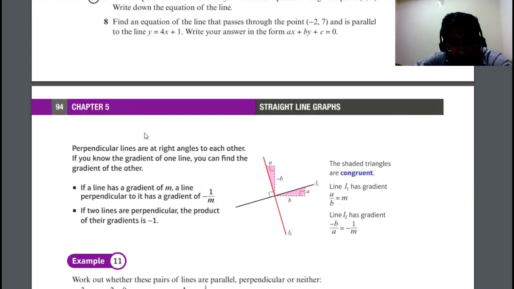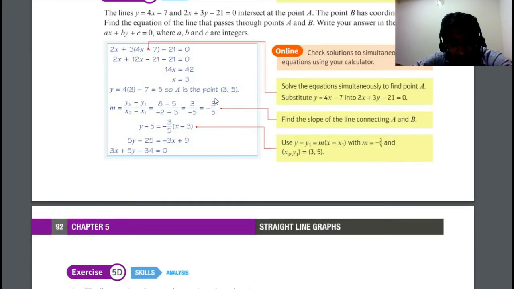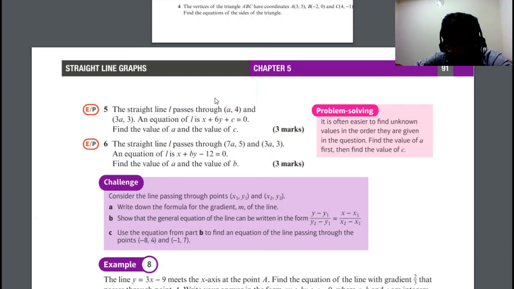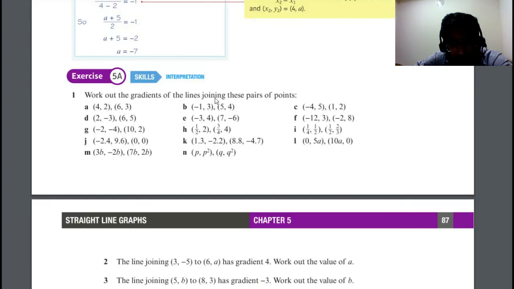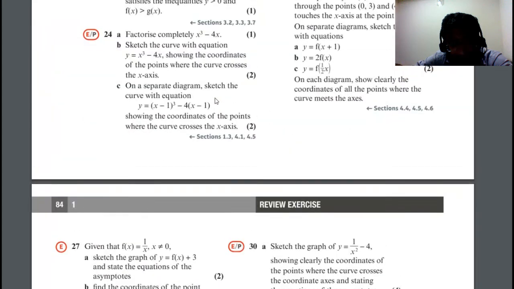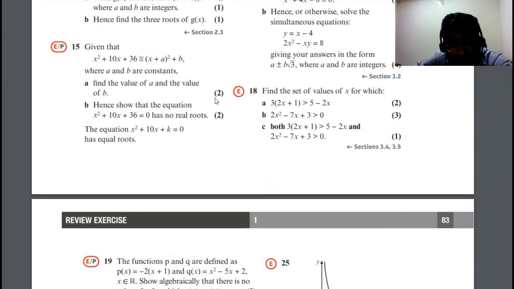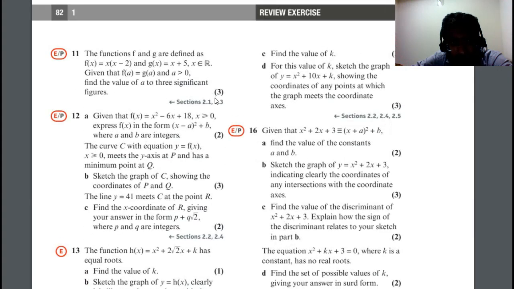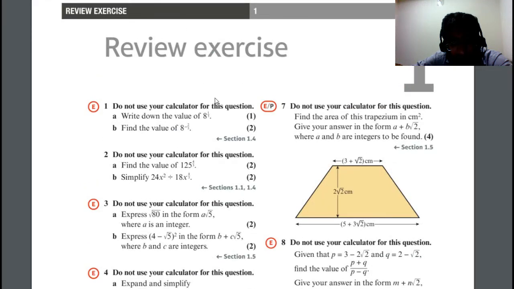So let's do review exercise one. Shall we do it backwards? It was after chapter 4, right? So let's do the review of the exercise. Sir, this one?